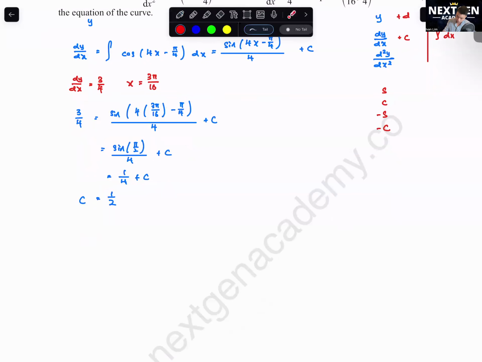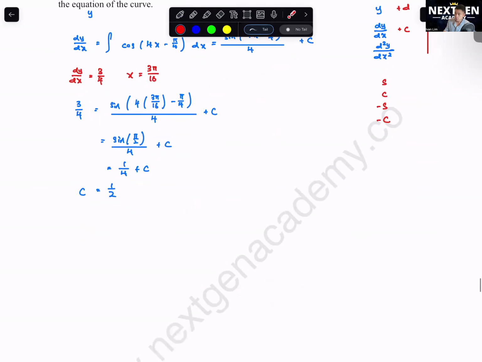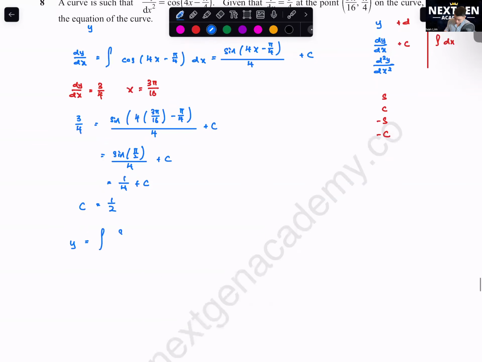So your dy over dx will be this plus 1 over 2. Next layer. Now we want to integrate dy over dx to get y. So y is integrate sine 4x minus pi over 4, over 4, plus 1 over 2 dx.